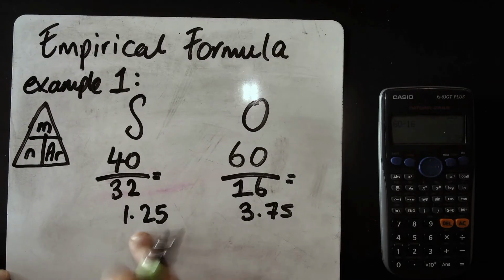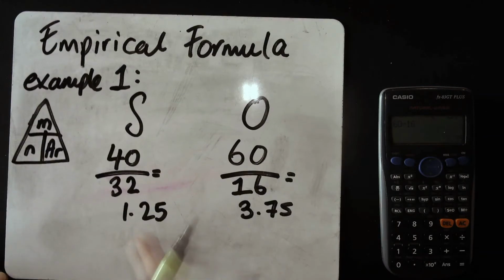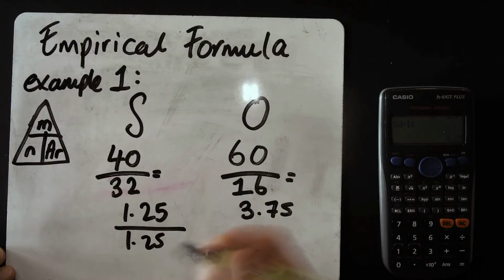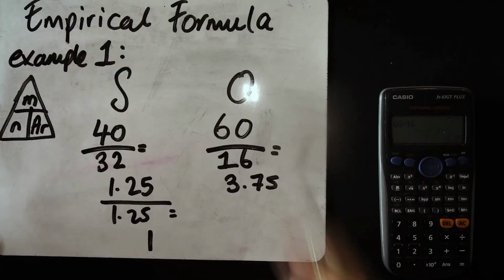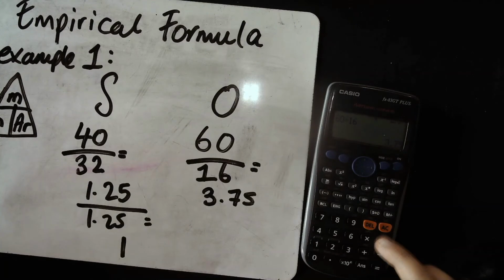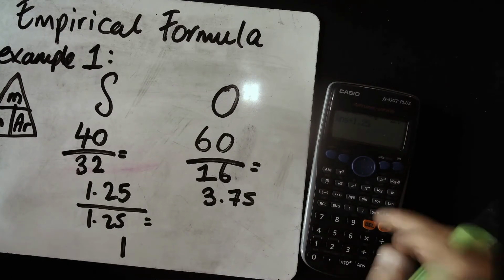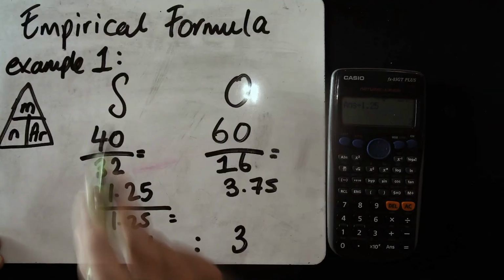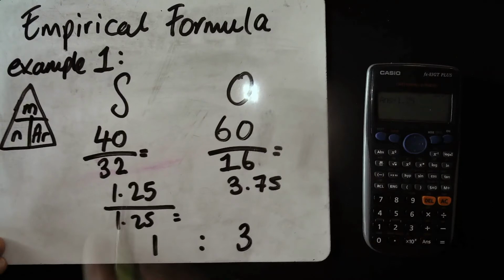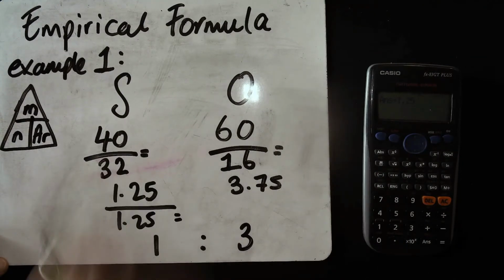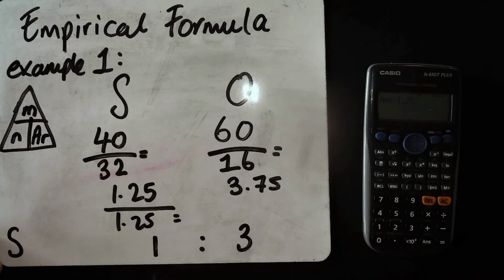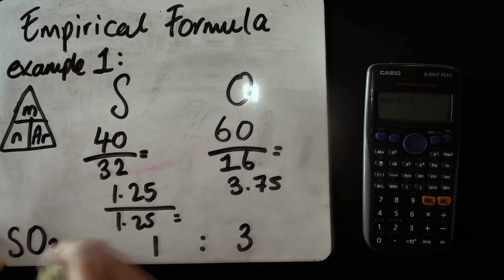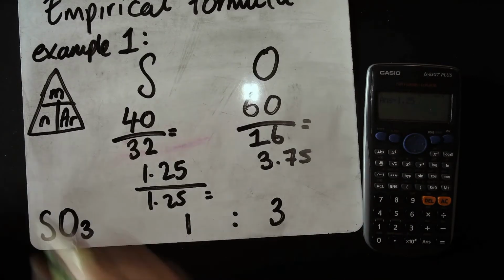So 1.25 is smaller than 3.75, so we're going to divide both by 1.25. 1.25 divided by 1.25 would be 1. 3.75 divided by 1.25 gives us 3. So this is the simplest ratio now. And to put it into an empirical formula, it means we have 1 sulfur for every 3 oxygens. So the empirical formula would be SO3.